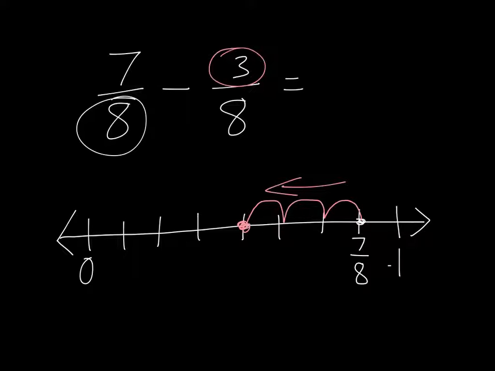Now I just need to figure out what this fraction is, and I can count it from 0: 1/8, 2/8, 3/8, 4/8 is where we land. Now with the subtraction model up here, 7/8 minus 3/8, I know that 7 minus 3 is 4, so 7/8 minus 3/8 is 4/8.